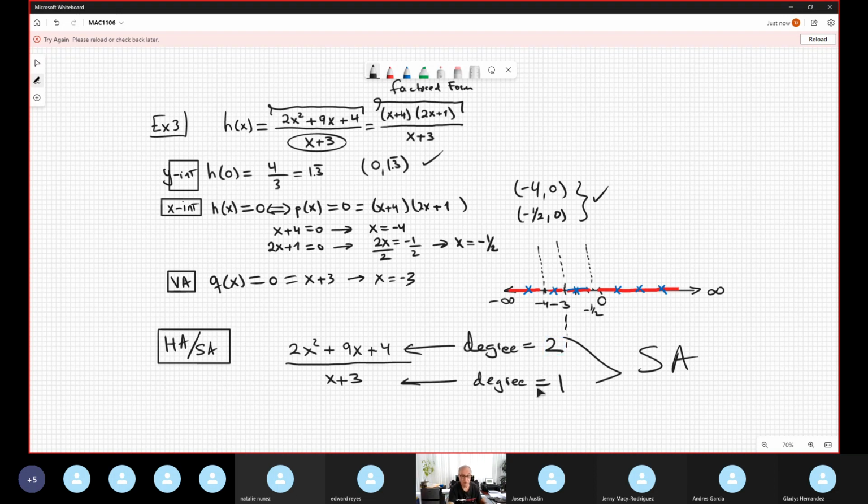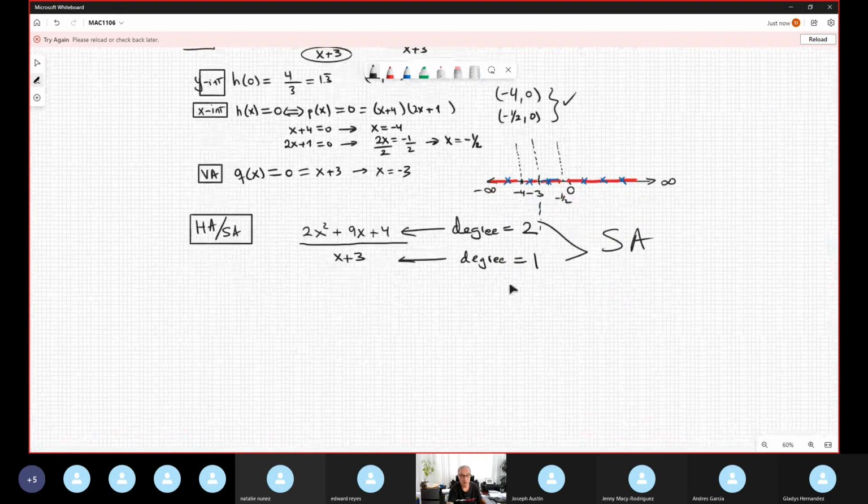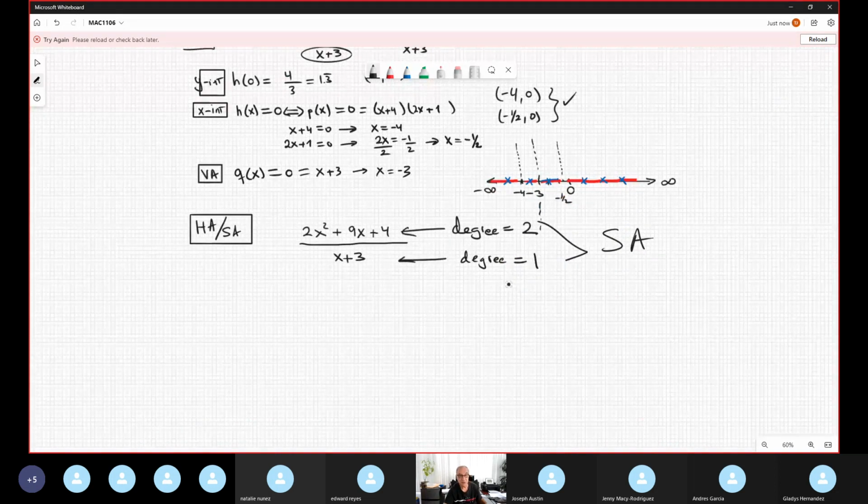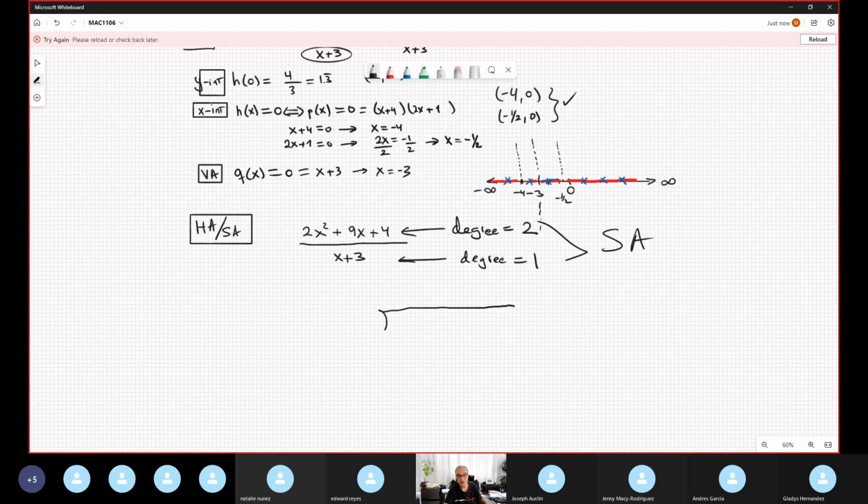To find the equation of the slant, you need to perform long division or synthetic division, either way. 2x squared plus 9x plus 4 divided by x plus 3. It's 2x. 2x times x is 2x squared, and 2x times 3 is 6x. By subtracting, change the sign, cancel, and this is 3x. Bring down 4.